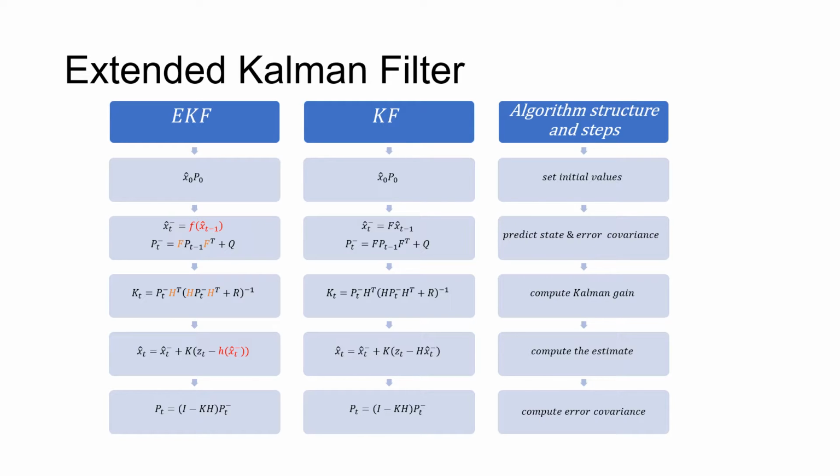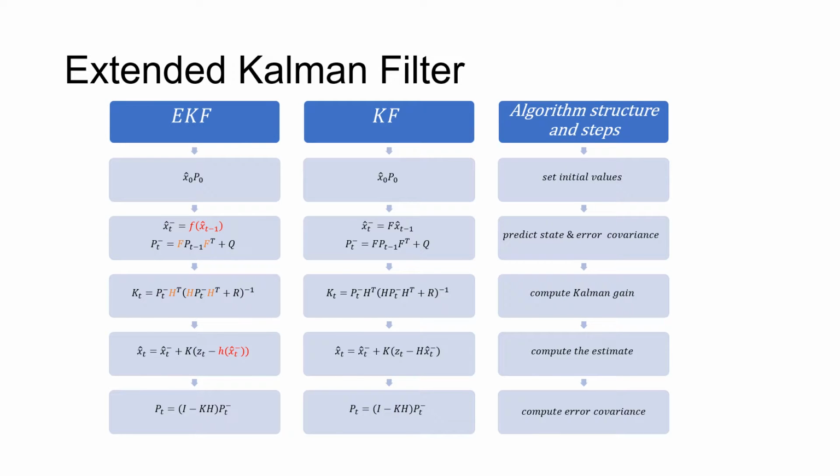It can be seen that the algorithm structure of the two filters is almost the same, and there are only slight differences in several equations. But in the left figure, we still see capital F and capital H.